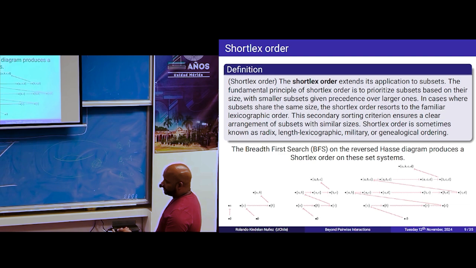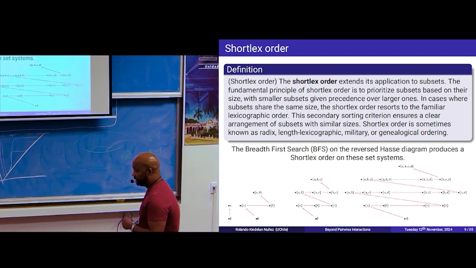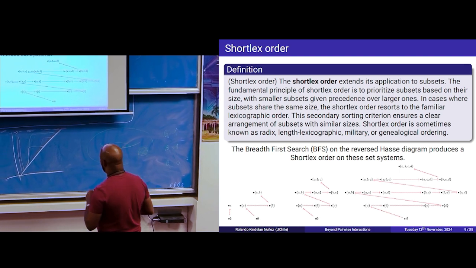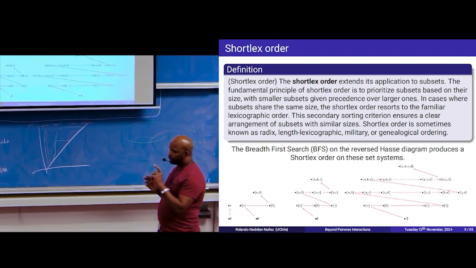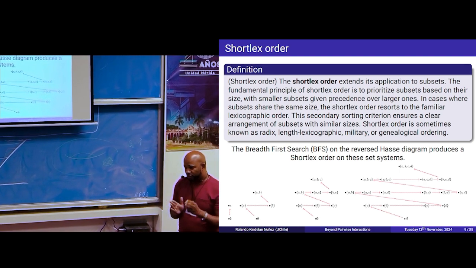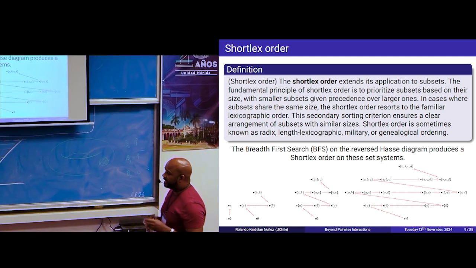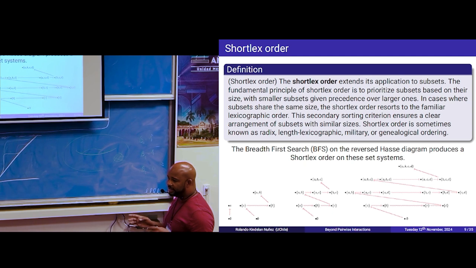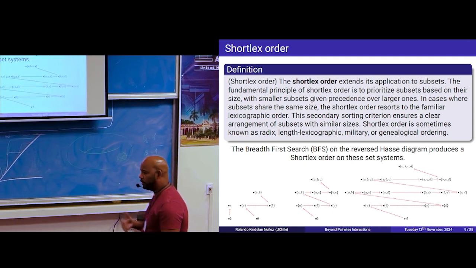So another order is the shortlex order, which gives preference to the cardinality of elements, putting the shortest sets at the beginning, and then for same size sets, it applies a lexicographic order.